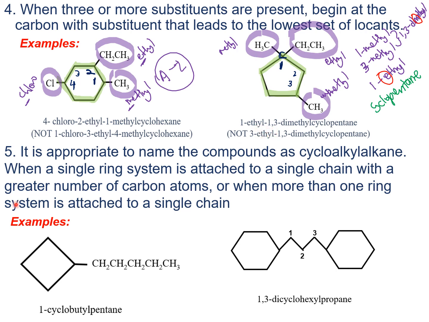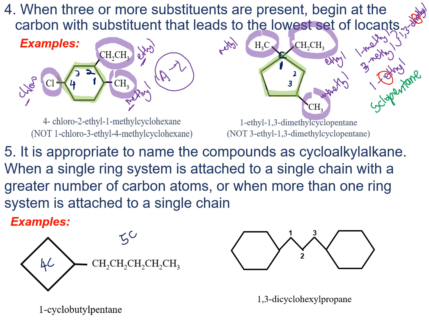Okay, the next rule is that it is appropriate to name the compound as a cycloalkyl alkane when the parent is a straight chain. For example, here we look at this cycloalkane: how many carbon atoms does it have? 4. And then we look at the straight chain here: how many carbon atoms? 1, 2, 3, 4, 5.